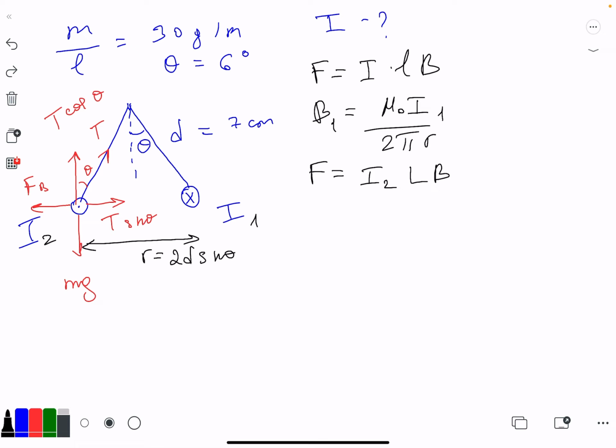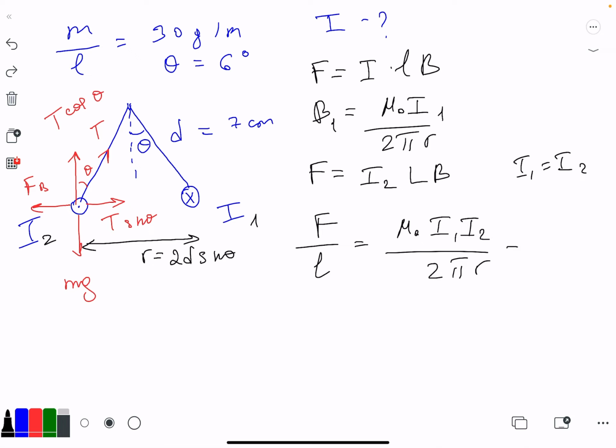Then we also know that F over L is equal to mu naught current 1 current 2 divided by 2 pi r. Okay, when you have two wires, since we know that current 1 is equal to current 2, then we can say mu naught current squared divided by 2 pi r.